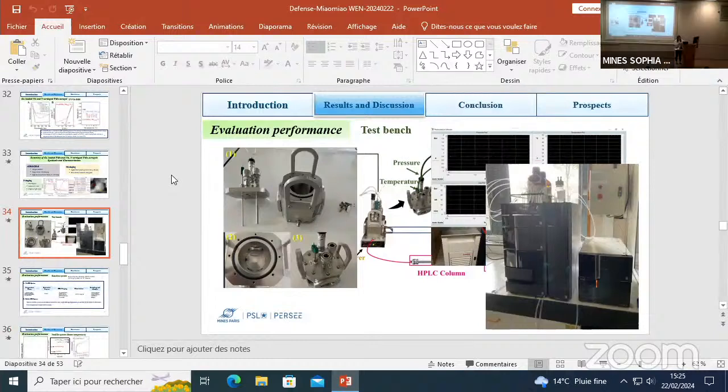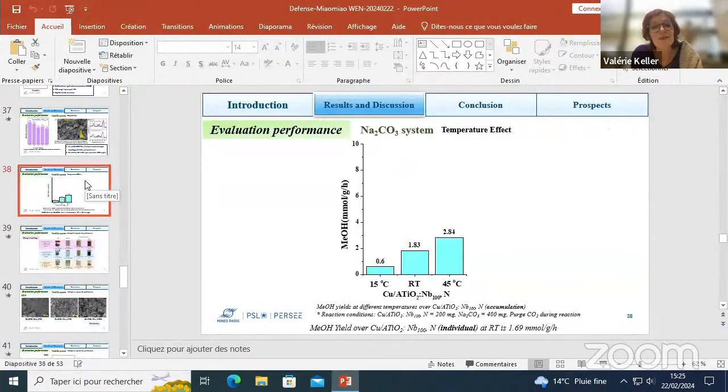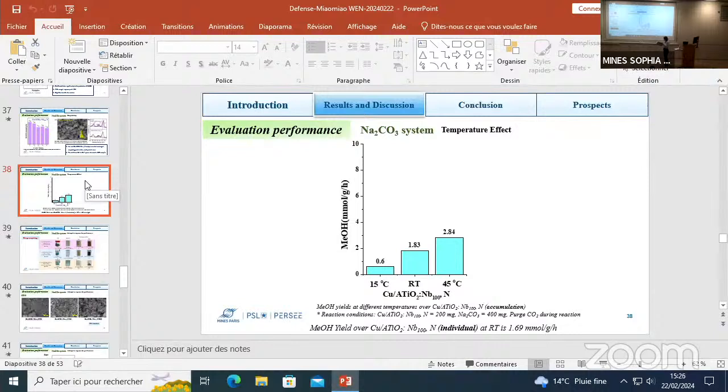At the beginning we tried different temperatures to see the temperature effect. This was designed for a low temperature, room temperature, and a high temperature, which was 60 degrees at the beginning.